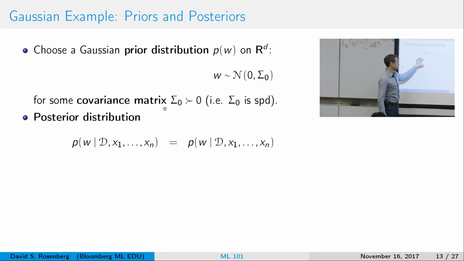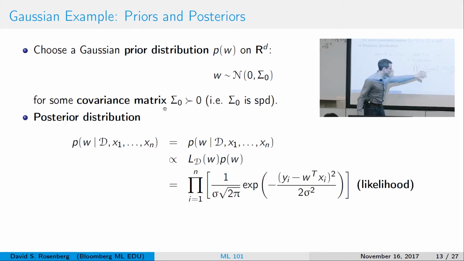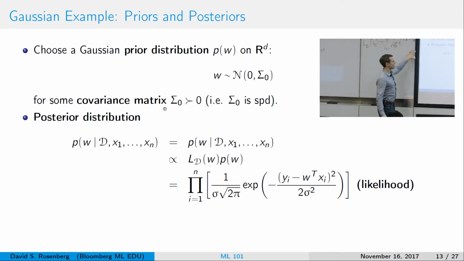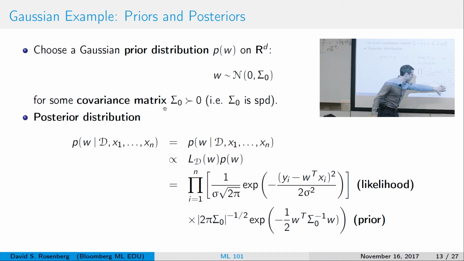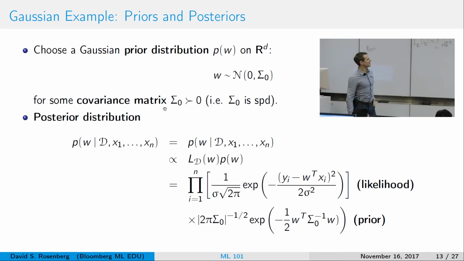The posterior distribution is proportional to likelihood times prior. And we plug in this expression for the likelihood, which we derived over here. And then we write in the density for the prior, which is just, if you don't remember the multivariate Gaussian density, I guess you could look it up, and write that in. So that's our posterior. It's proportional to that.